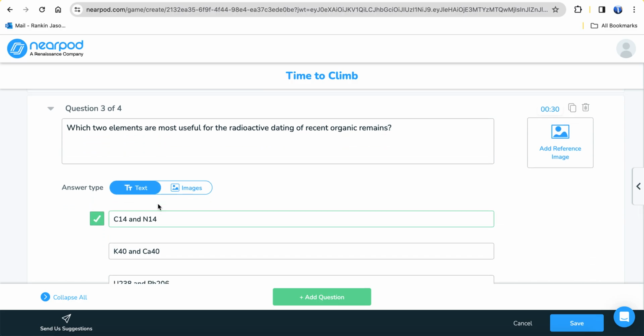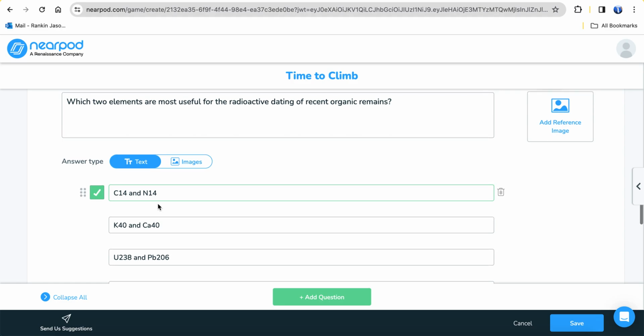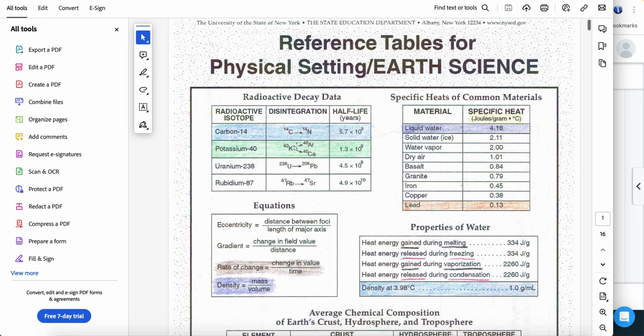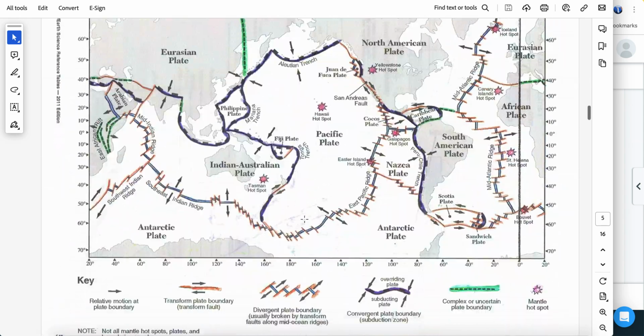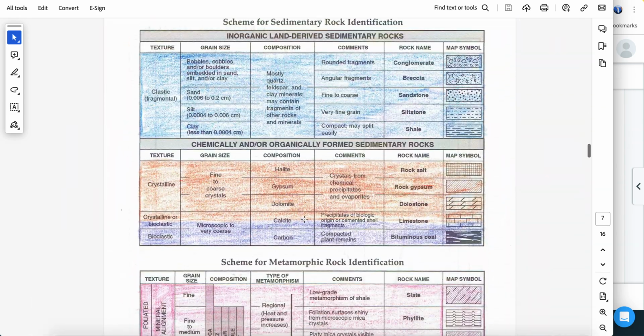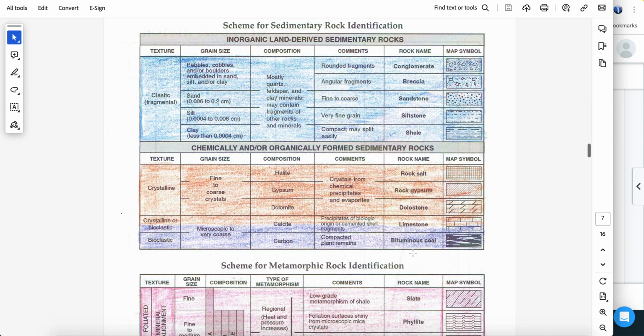Question 3: Which 2 elements are most useful for radioactive dating of recent organic remains? If it's organic, that means it has to contain carbon. A good way to remember that is on your reference table, for example bituminous coal: plant remains, living things, carbon.